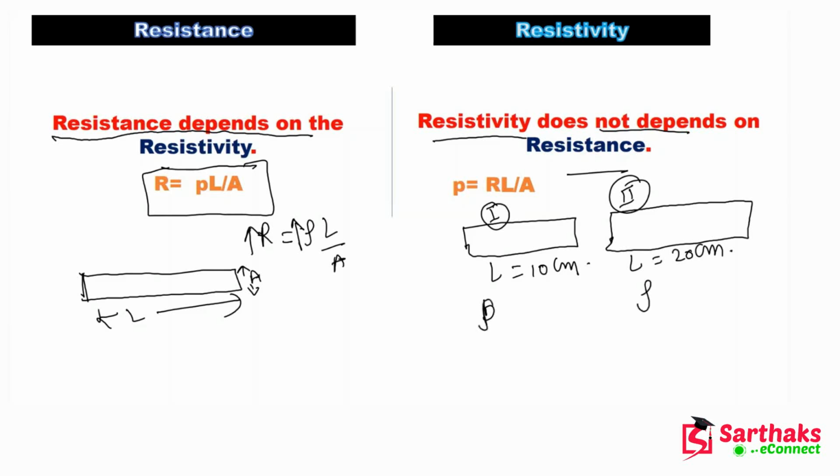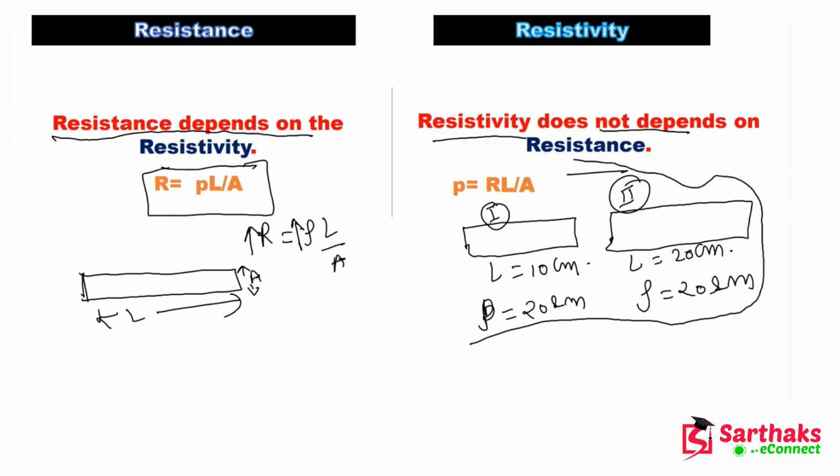Here also, in this case also, the resistivity is rho. Let's suppose its resistivity is 20 ohm meter. Then here also the resistivity will be 20 ohm meter. It is not going to be changed. And why is it not going to be changed? Because resistivity does not depend on the resistance.